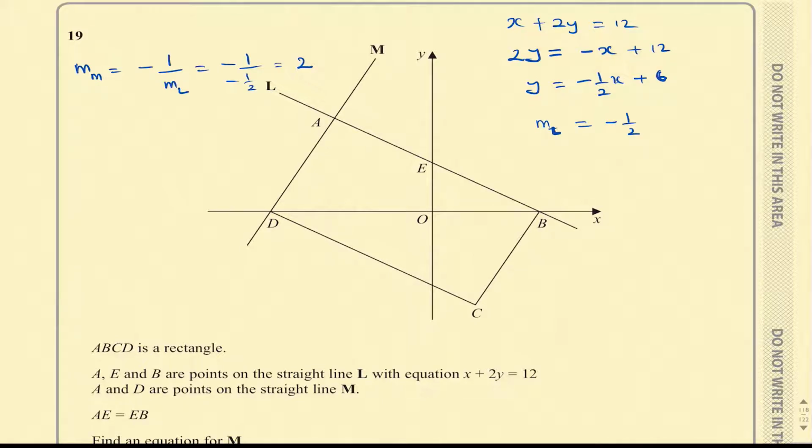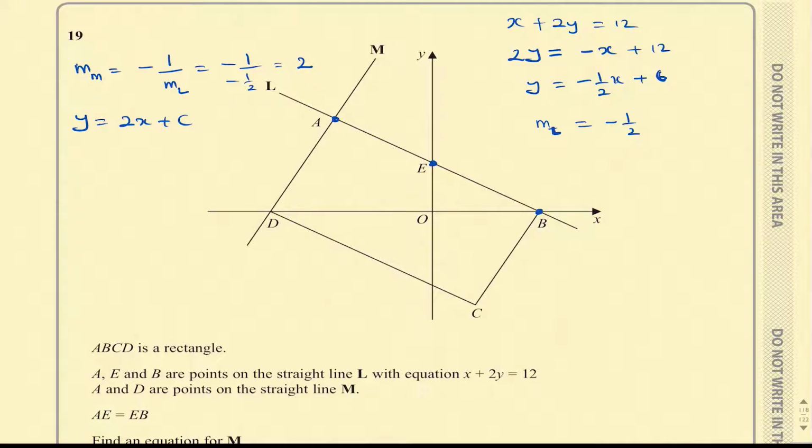So therefore the equation of line M will be y equals 2x plus c. We don't know what c will be, so we need to find c to get the final answer. In order to do that, we need to do some simple calculations.